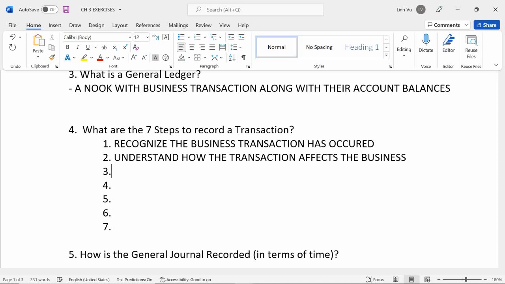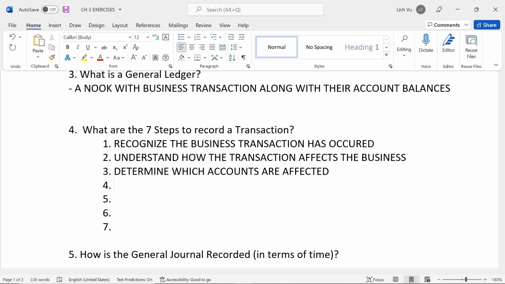Okay. Step 3. Can I say it or somebody want to say it? I don't care. Whoever wants to. Determine which accounts are affected. What else? Whether the transaction increases or decreases. Okay. What's step 4?